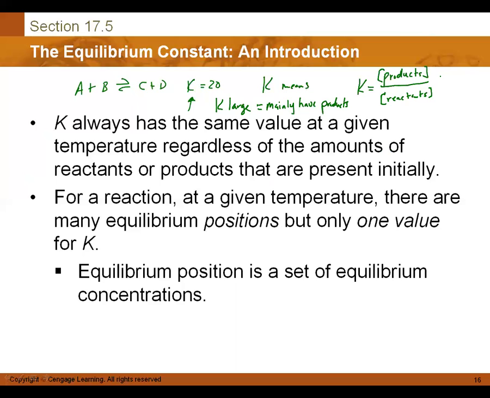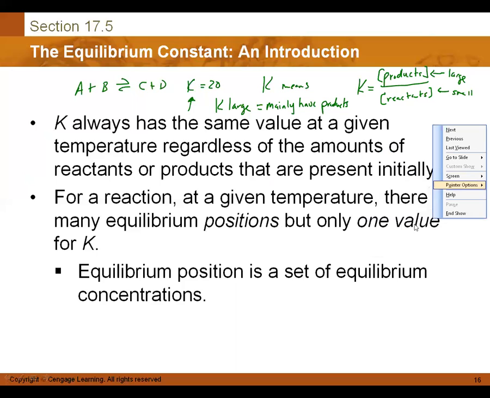How do we know that? Just mathematically speaking, in order to get a large value of K, this would have to be large, right? And this would have to be small, right? So that means that the ratio of products would have to be large at equilibrium compared to the ratio of reactants.